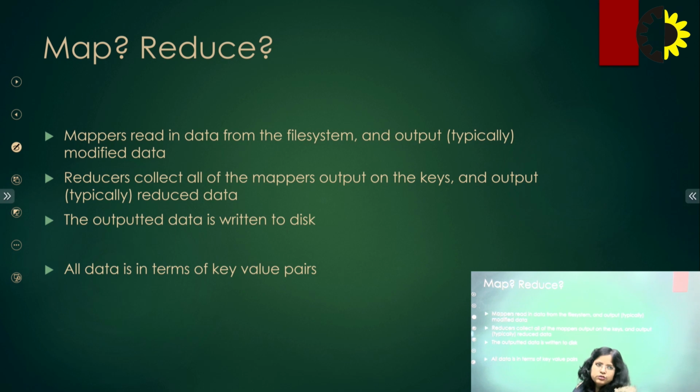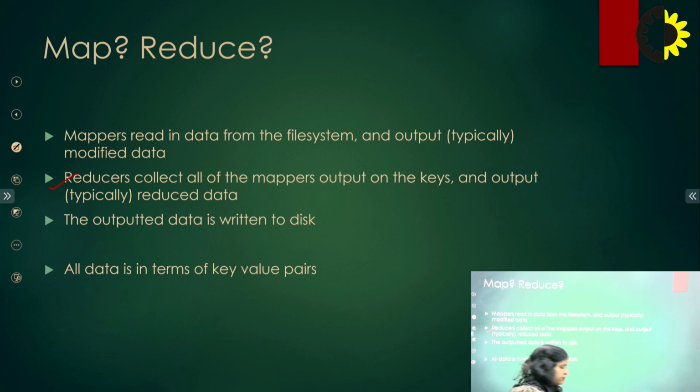MapReduce has two components, mappers and reducers. The mapper reads the data from the input file system and outputs the modified data. The task of the reducer is to collect all the mappers' output on the keys and output reduced data.